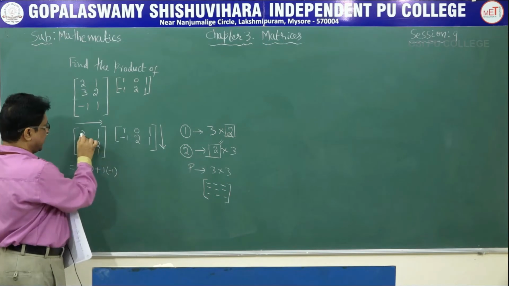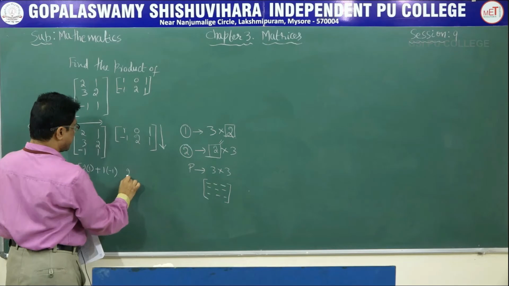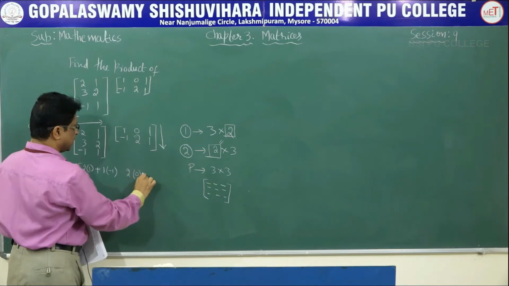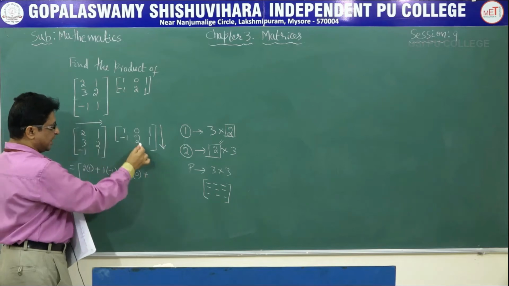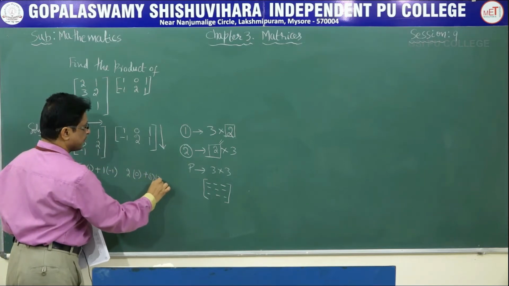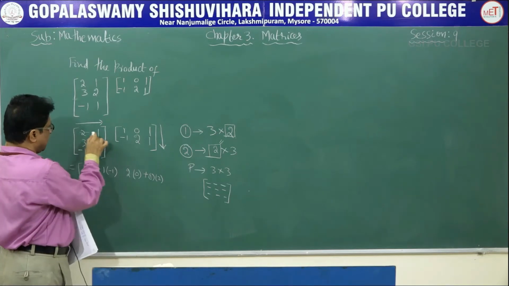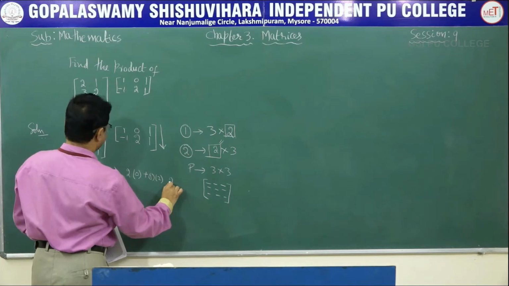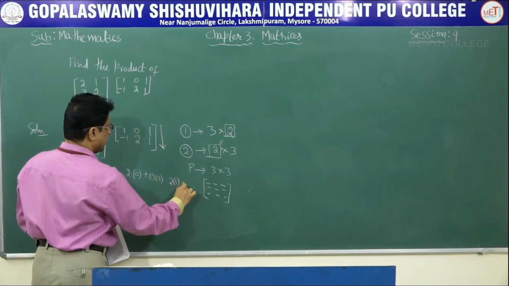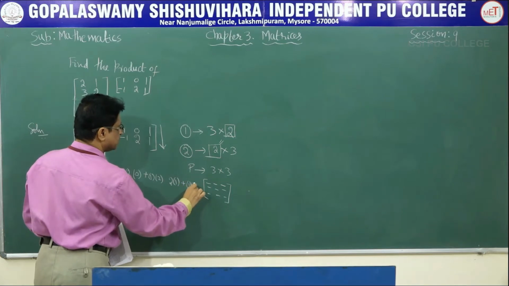Next element will be first row into second column, 2 into 0 plus 1 into 2. And the next element will be first row into third column, that is 2 into 1 plus 1 into 1.